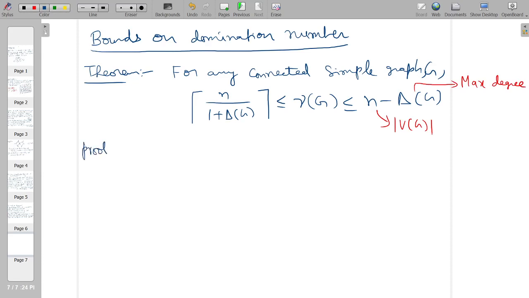So how to prove this? The proof is very simple.